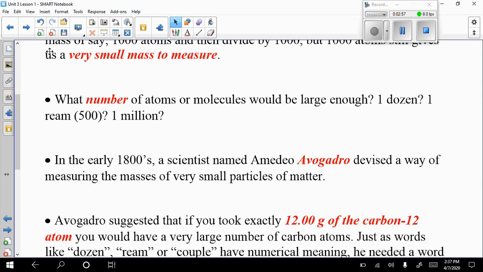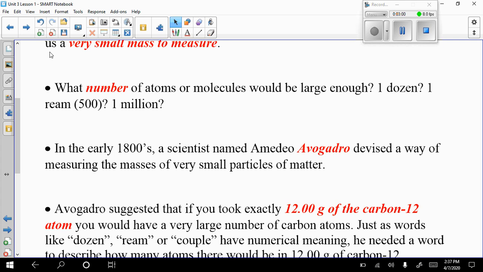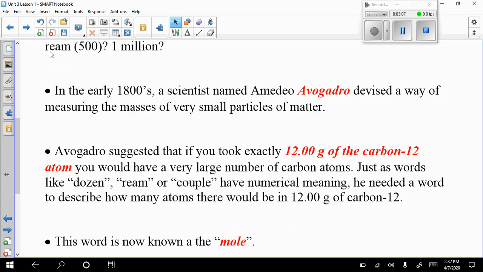So in the early 1800s, a scientist named Amedeo Avogadro devised a way of measuring the masses of very small particles of matter. And his big conclusion, and this was monumental, was that if you had 12 grams of the carbon-12 atom, which is just one isotope of carbon, you would have a very large but very specific number of carbon atoms.